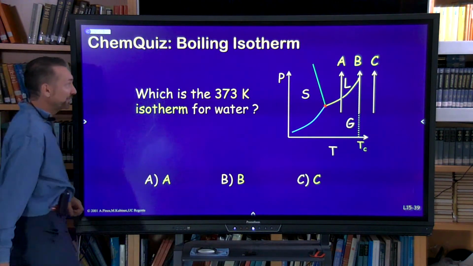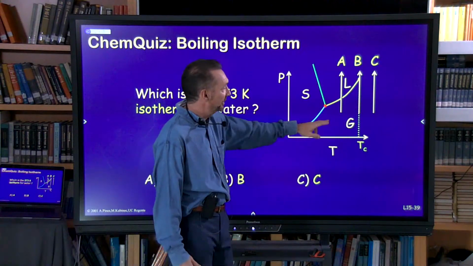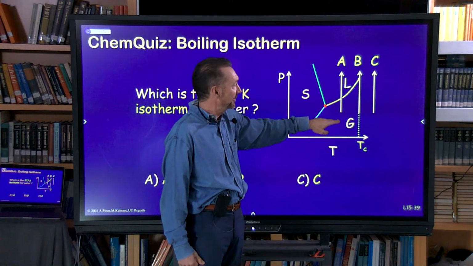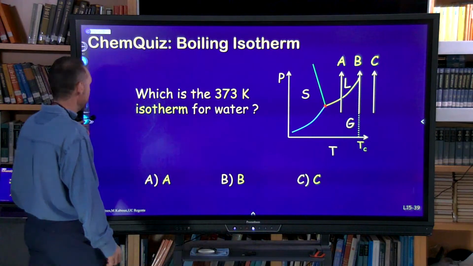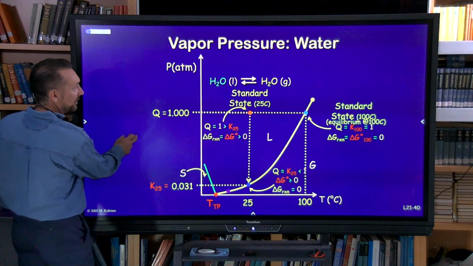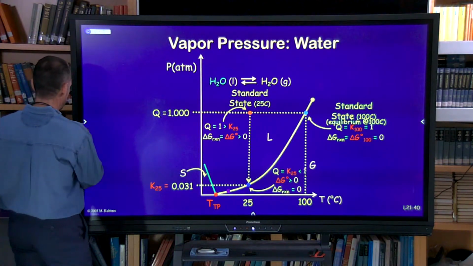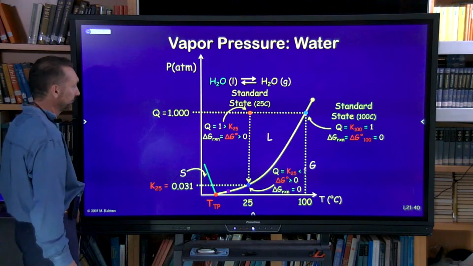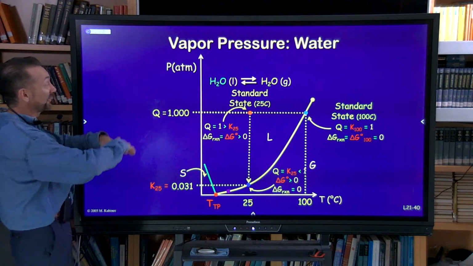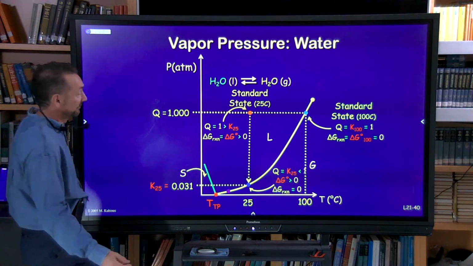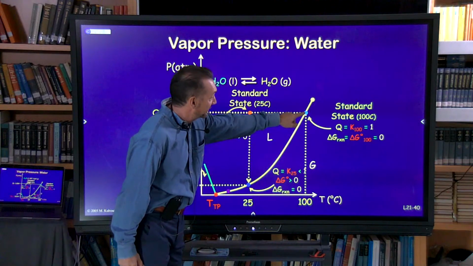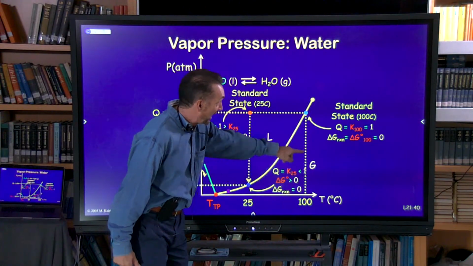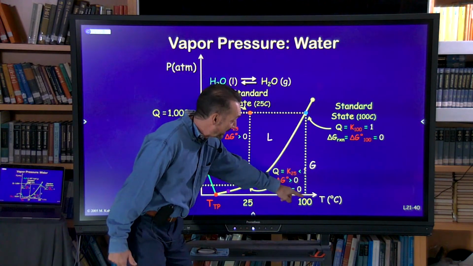I could ask you, this is a fair exam question, once you've established that is the 373 isotherm. We can go to this one because this is just an expansion of that. There it is. So you had the answer on the last slide. That is the 373.